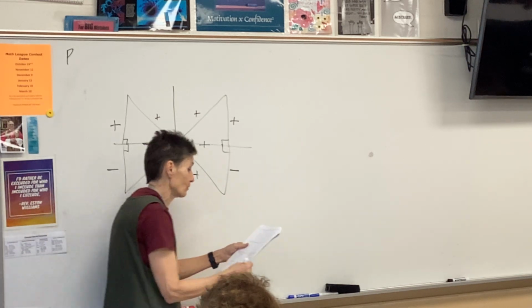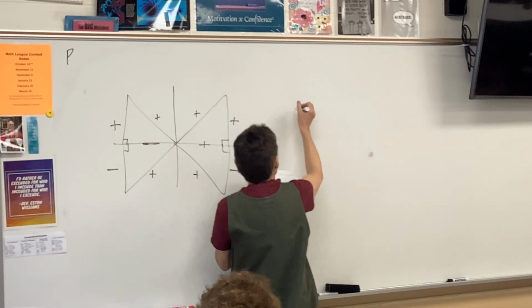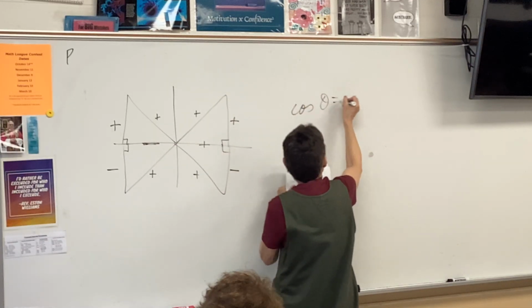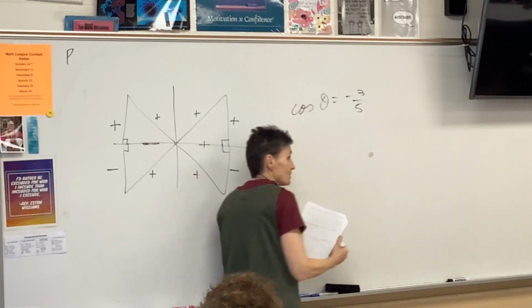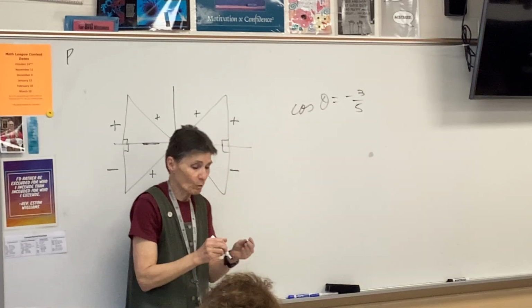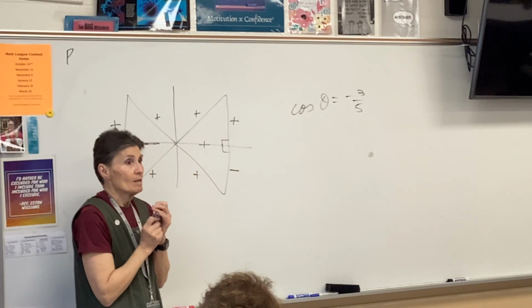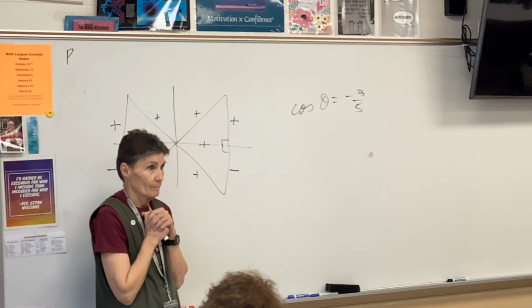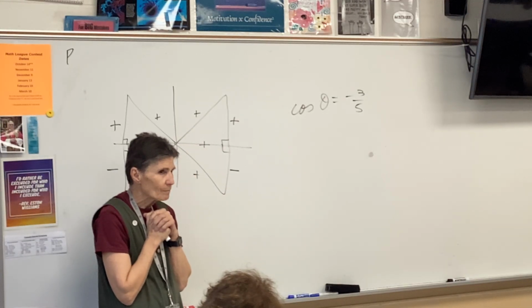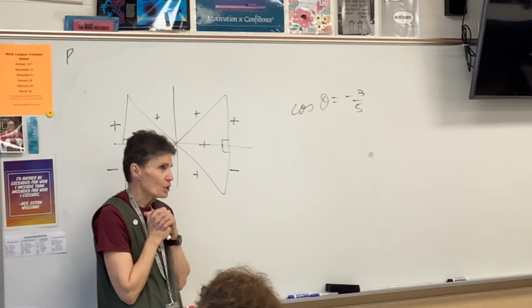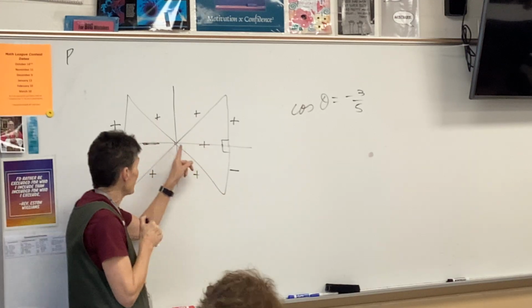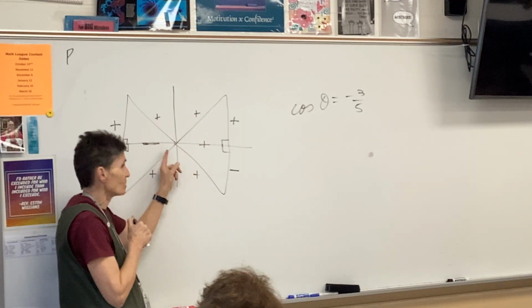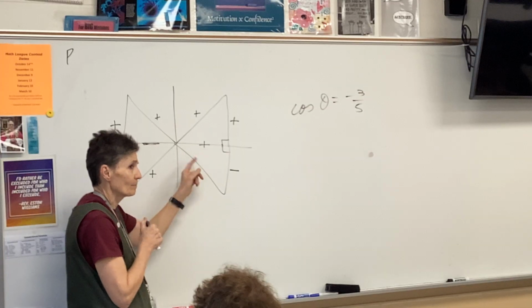These problems are a little tricky. It says the cosine is negative 3/5. Now forget the numbers for 1 second. The cosine is negative. What is cosine? Adjacent. And isn't the adjacent the x side? Isn't this the adjacent side right here?